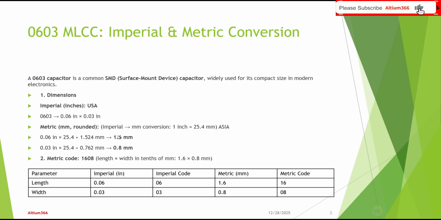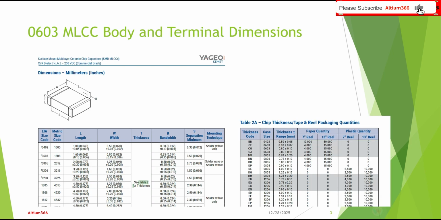So that's the difference. Now let's look at the actual physical dimensions from the official KEMET MLCC datasheet. For the 0603 or 1608 capacitor, here you can see the dimensions for the body and terminal, not for the pad, which we are going to create in Altium Designer.